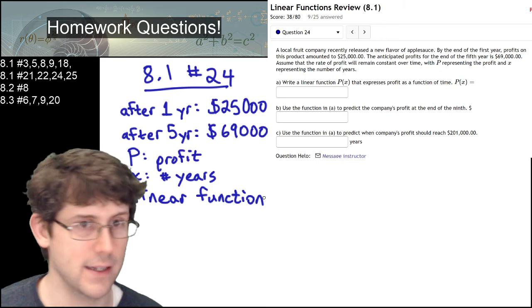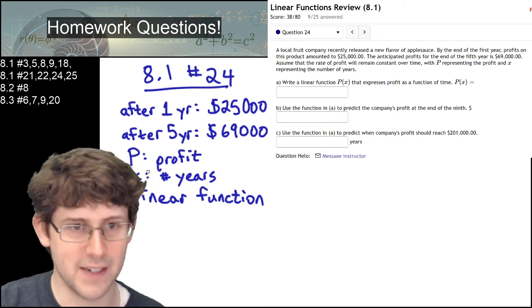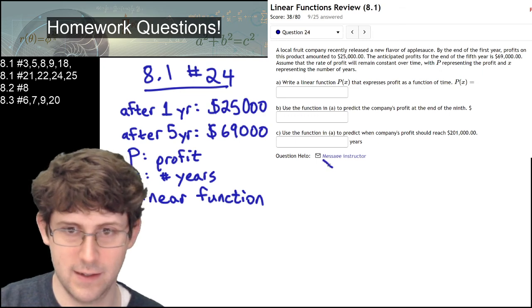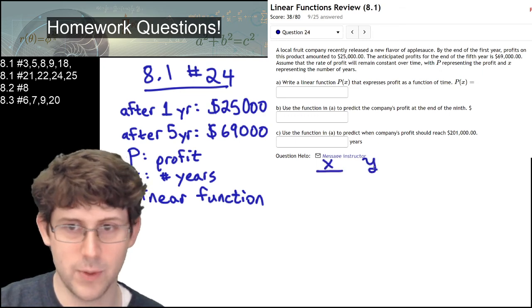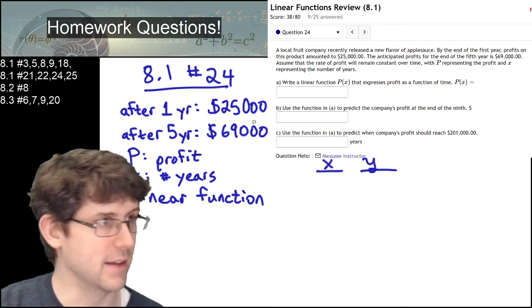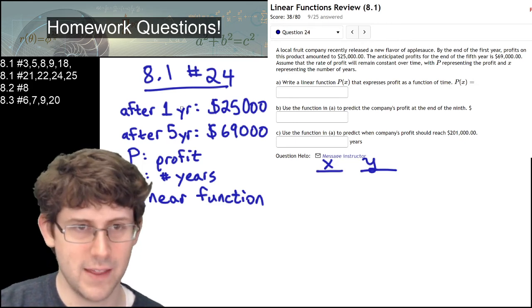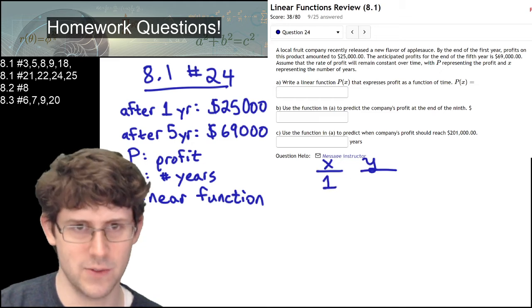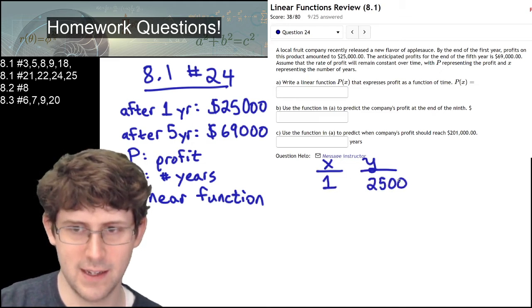Whoa, okay. So what do I actually have here? I have the input is x, and the output is the money. So I think the weirdest thing here is that x equals 1 goes with y equals 25,000, and x equals 5 goes with 69,000.